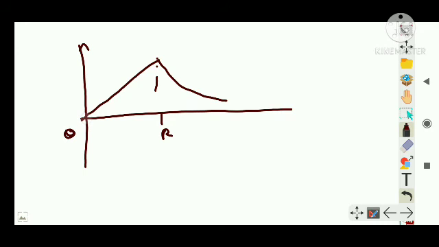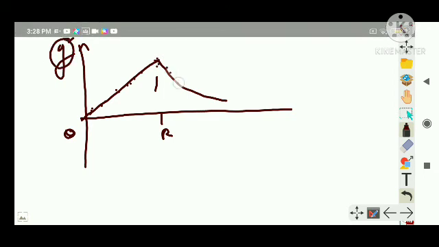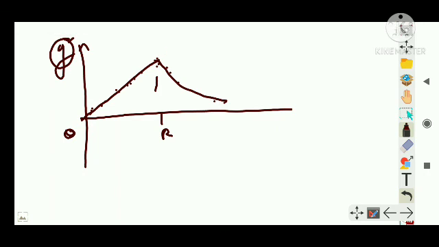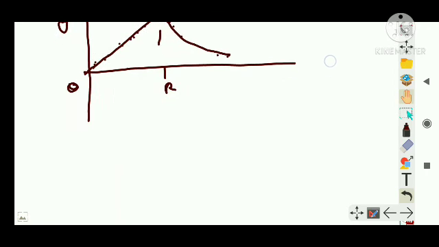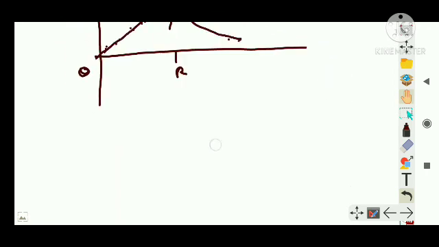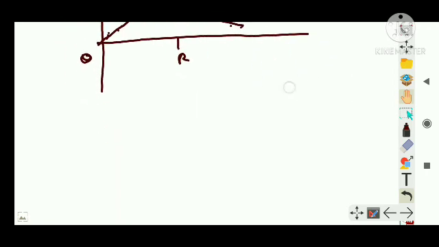Right inside, the gravitational field is less. As you go to the surface, the acceleration due to gravity increases from 0 to its maximum at the surface, and then as you go above the surface, g goes on decreasing. This is how you depict the graphical representation for g also. This is there in your textbook. Okay, clear?